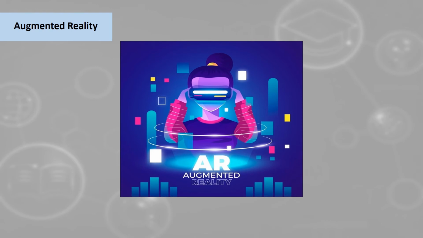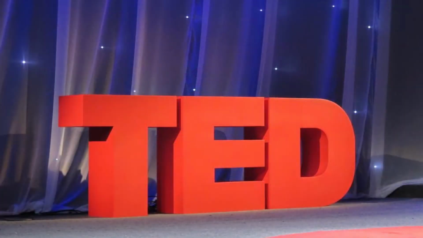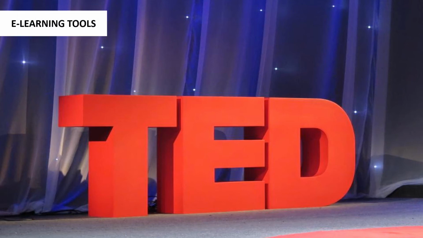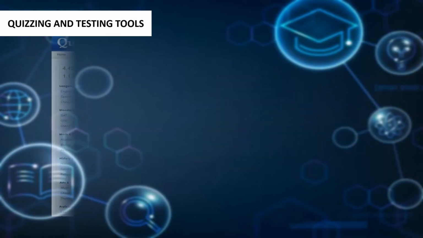So, you can also think of using these technologies or application softwares, like for e-learning you can make use of Adapt, Adobe, Geobra, Learn, Bubble, and there are many. There are quizzing and testing tools.